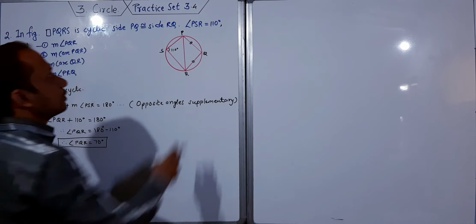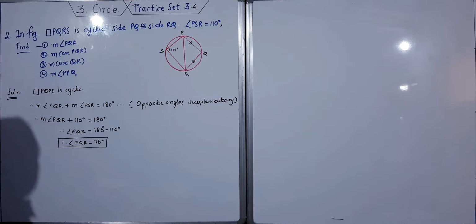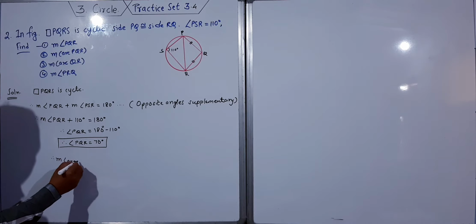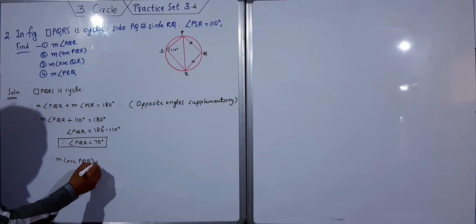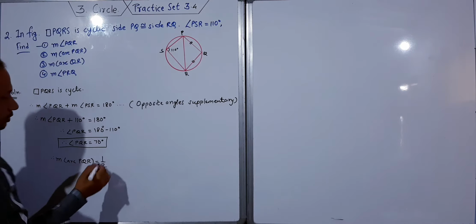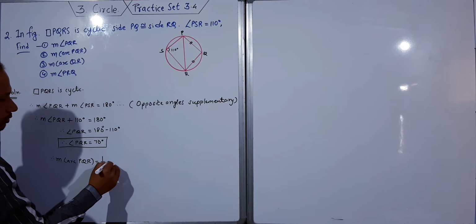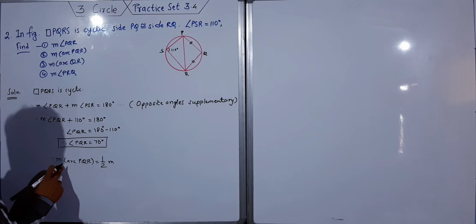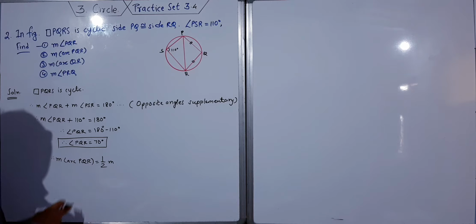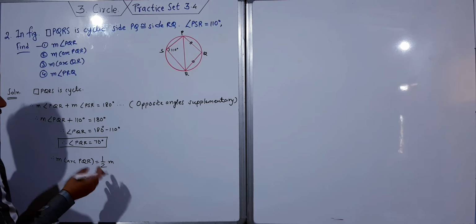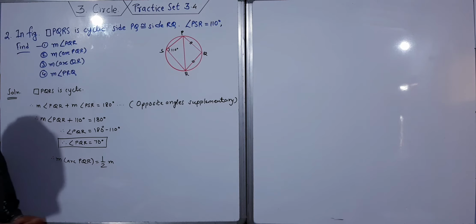I have to find this measure of arc PQR. So I will write that measure of arc PQR is equal to 1/2 this measure of angle PSR. One second, I have written in the opposite direction.